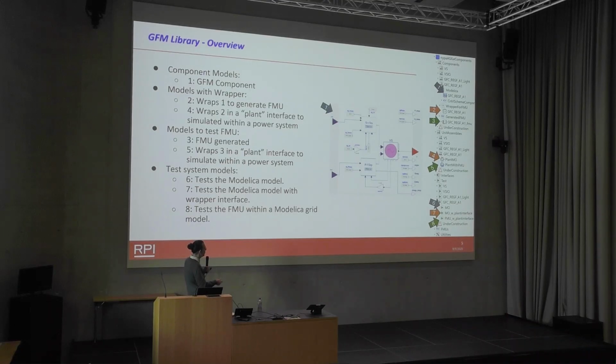I have one for the Modelica model that has been wrapped, and one for the FMU that is inside of that Modelica interface. And then similarly, I have test models for the Modelica only implementation, the Modelica with this sort of causalization interface, and the FMU with an interface to run it in Dymola.